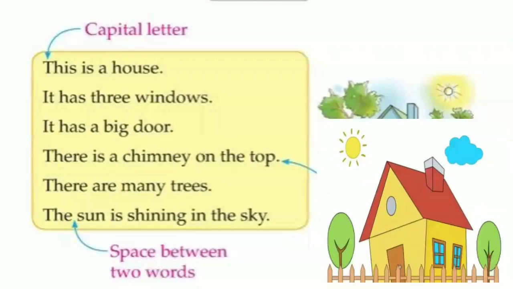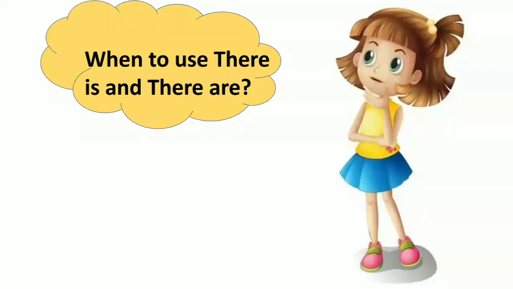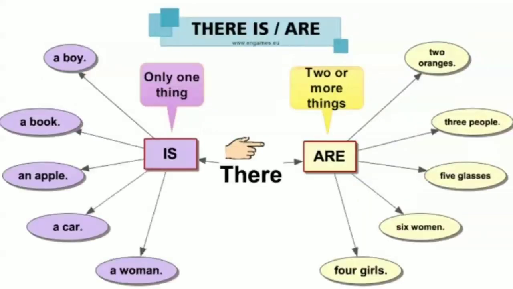Now I know that some children must be thinking when to use there is and when to use there are. I know you must be confused. So let's clear this confusion. Whenever we have to point out one object, we will use there is, like there is a boy, there is a book, there is an apple, there is a car, there is a woman.